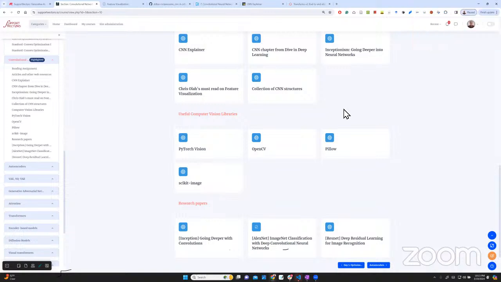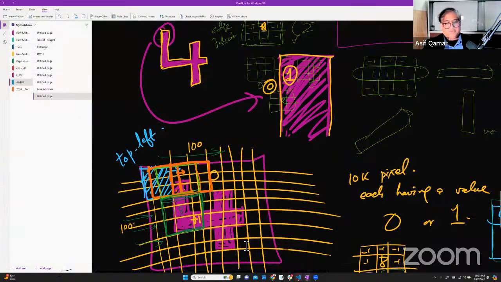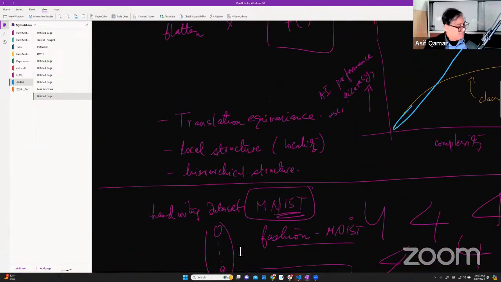Asif, CNN is one of the computer vision family, is it? CNNs are dominantly used in computer vision. They are used for audio. See, where is CNN useful? In a way, any domain where these inductive biases are true. What were the inductive biases I talked about? You have some sort of translation equivariance.